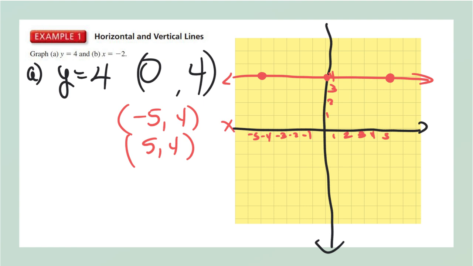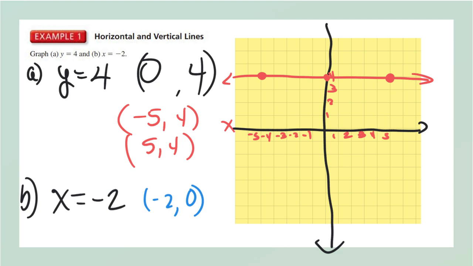What about B? Look at B. Now B is telling us that x equals -2. Where am I going to plug that in? First, let's find an ordered pair. What is x here? And what is y? 0, correct? So that means I'm going to stand where?